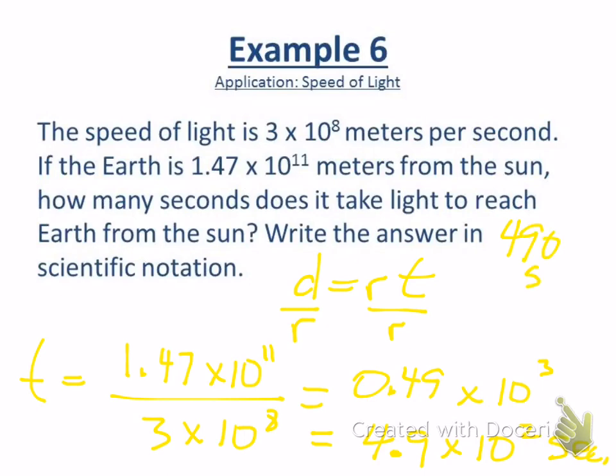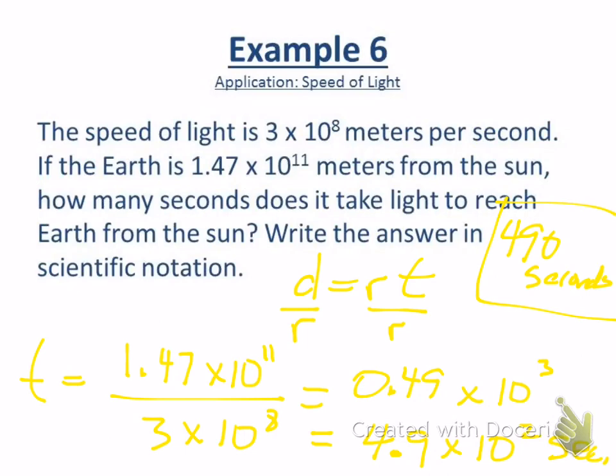All right, so that's 490 seconds. How many minutes is that? Divide that by 60. We get 8 and 10 over 60. 8 and 1/6. Approximately 8.2 minutes for light to get from the sun to the earth.